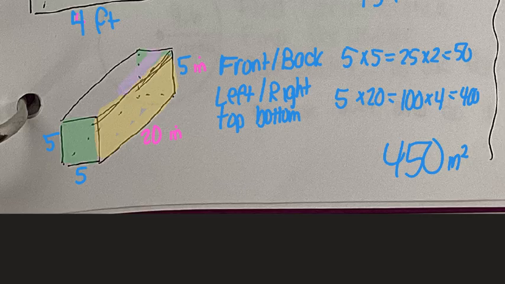But I also have the top of the butter, which will match the left side and the right side. So I ended up doing the rectangle 5 and 20, and I multiplied it by 4 because all of those parts of the butter are the same. Doesn't mean you have to do it like that. I'm just telling you that's how my brain started thinking about it. So I ended up with 450.